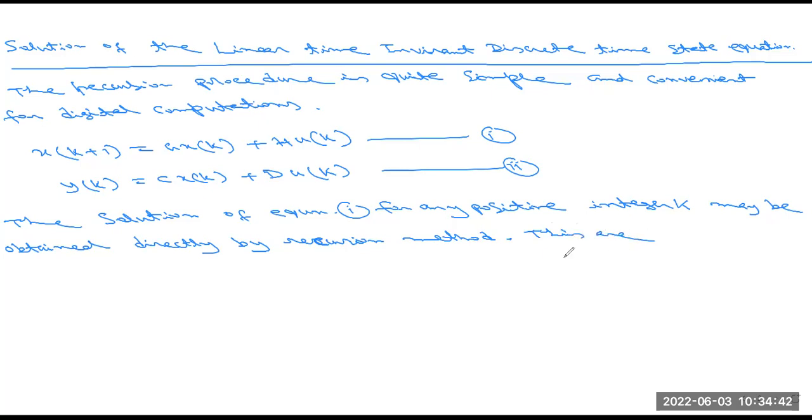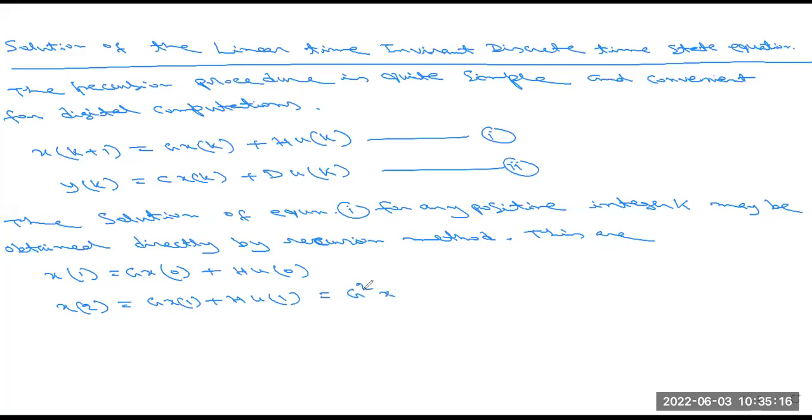So first, x of 1 equals, when k is equal to 0, g x0 plus h of u0. Next x2 equals g of x1 plus h of u1, and this is the basic change of the recursion method.